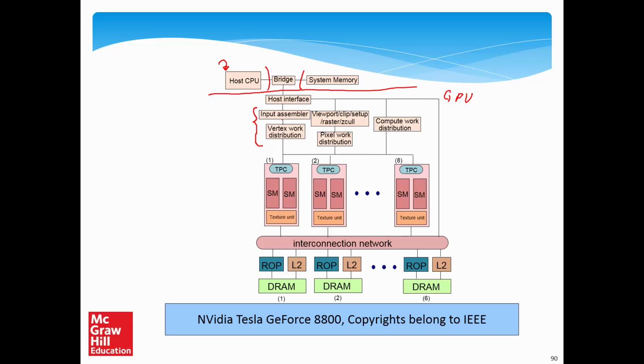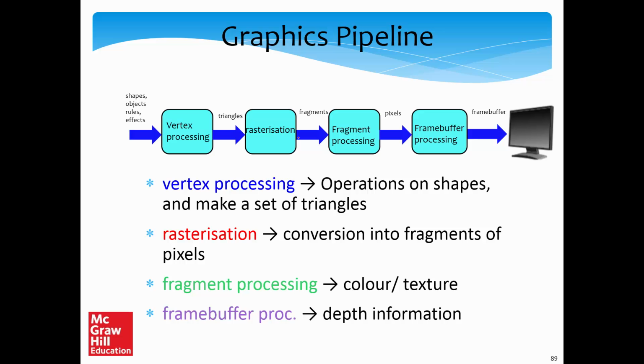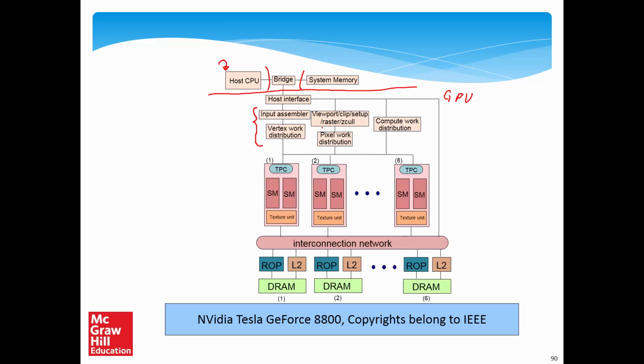After the vertex processor, we have the rasterization phase, and then the raster phase and the fragment processing engines.